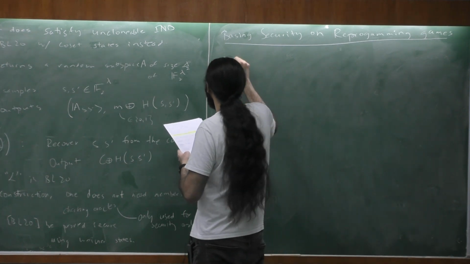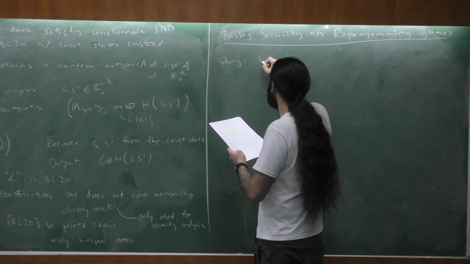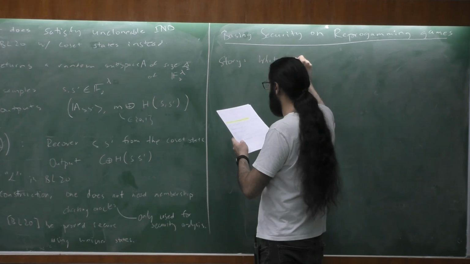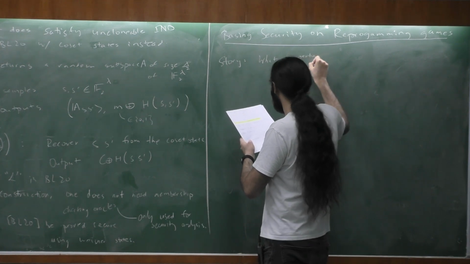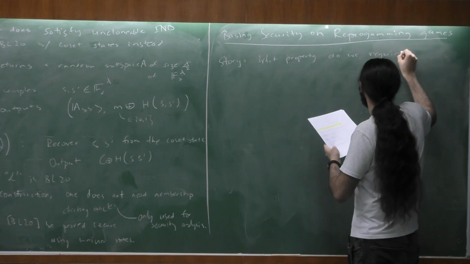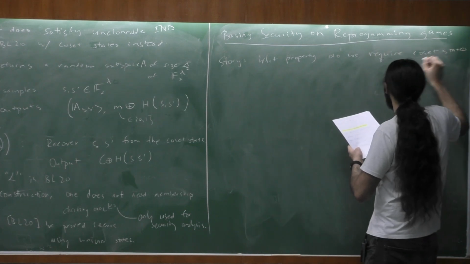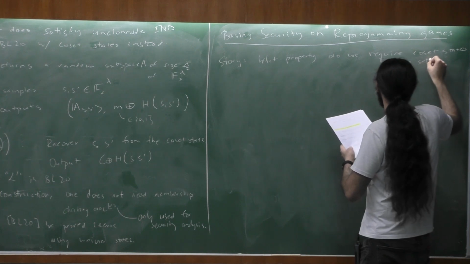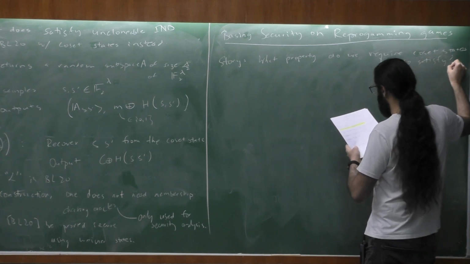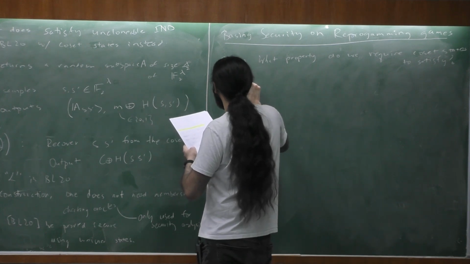Okay, so what property do we need? We require coset states to satisfy. Okay, so this is a simplification.